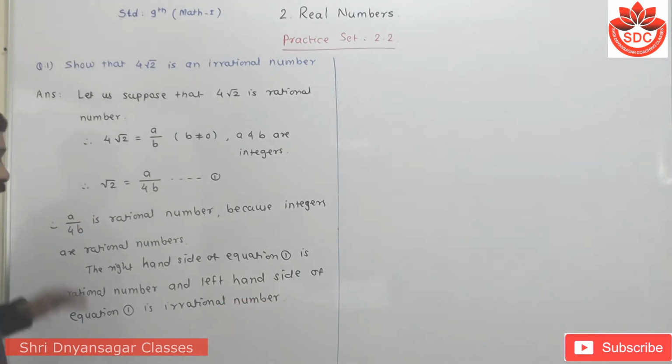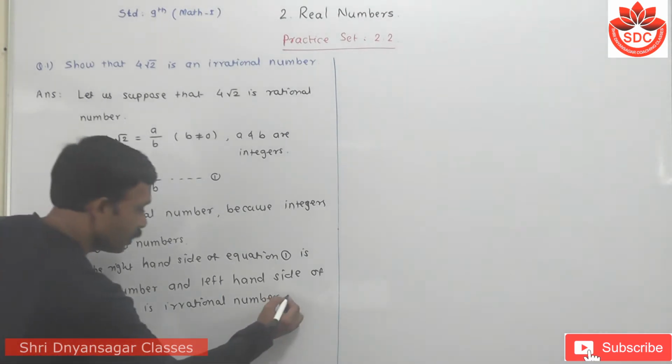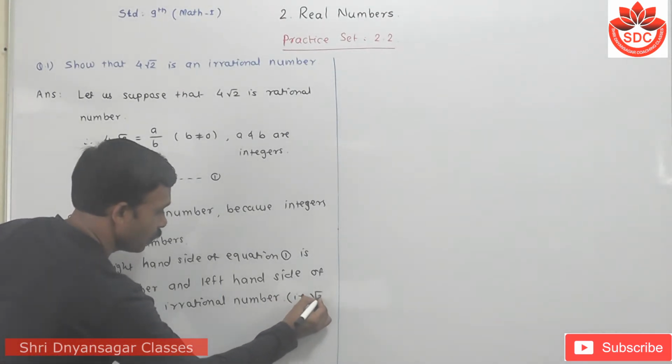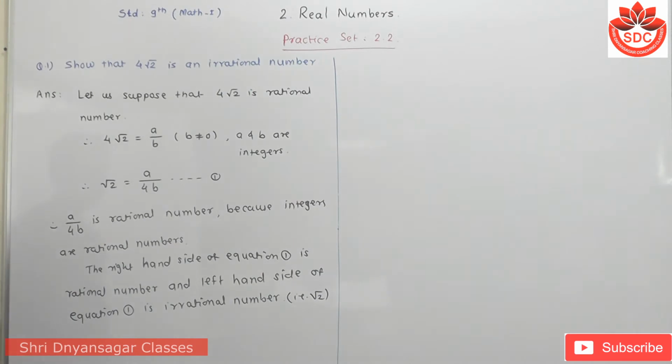In brackets I will write, that is root 2 is an irrational number.